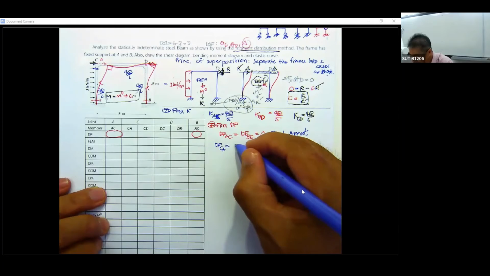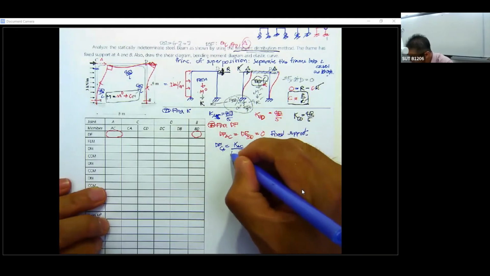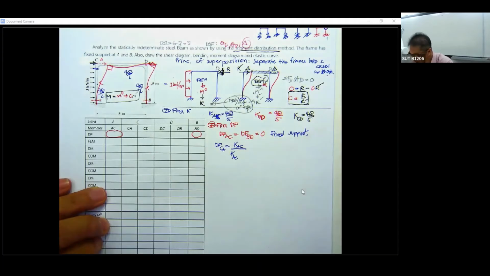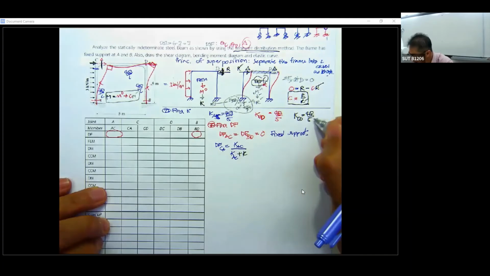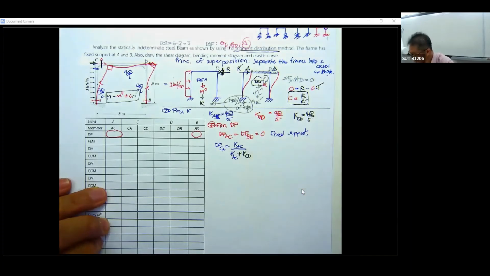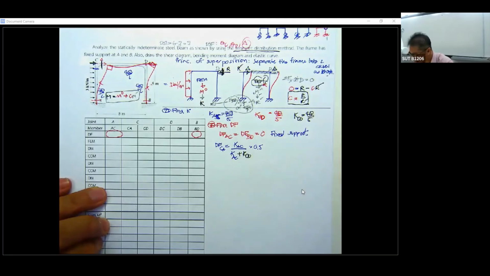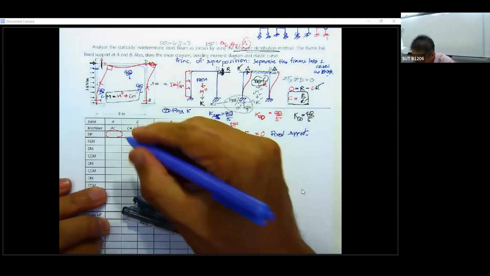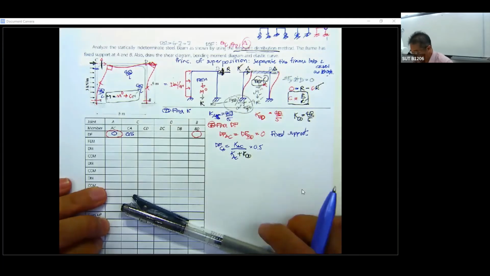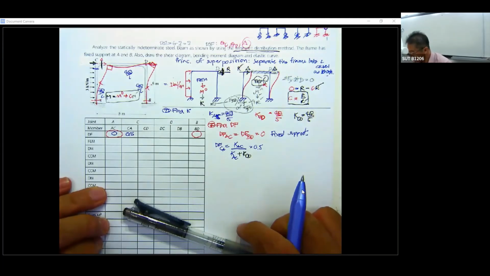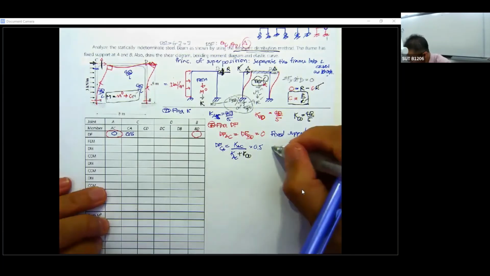This factor CA will be K sub AC divided by K sub AC plus K sub CD, and since they are equal, this one will be 0.5, and then you put this one 0.5, this one 0.